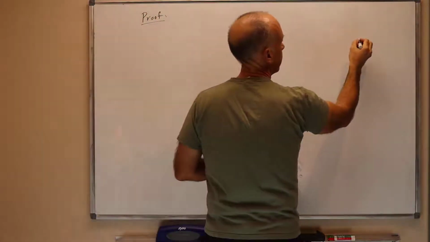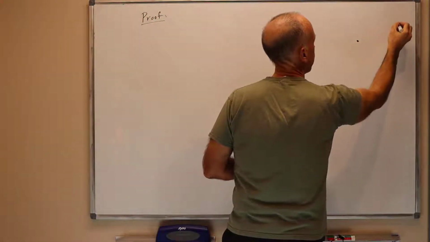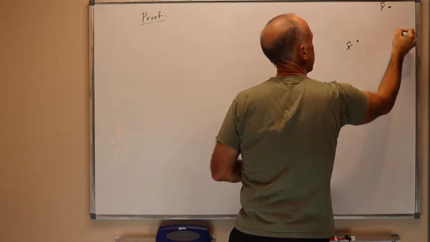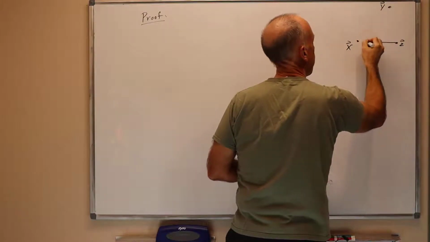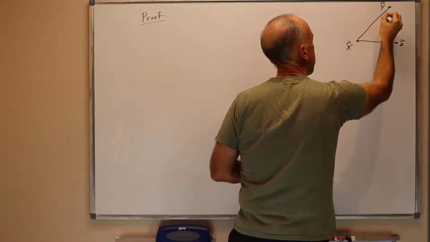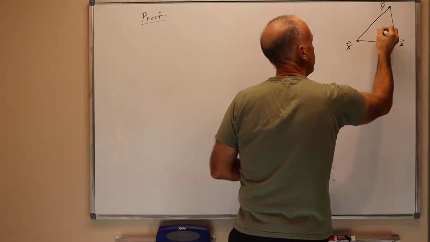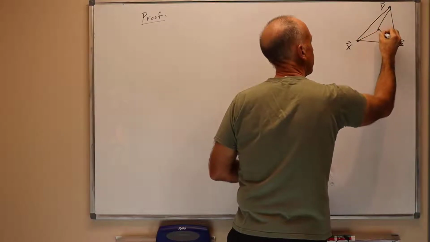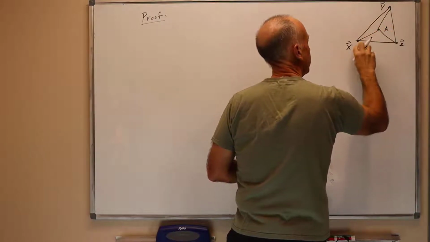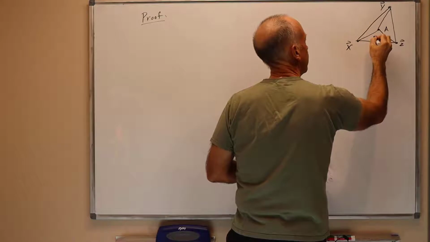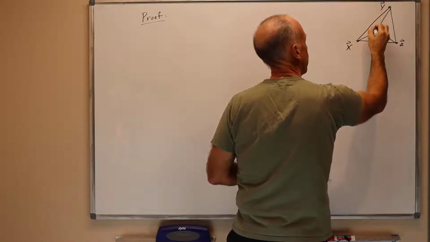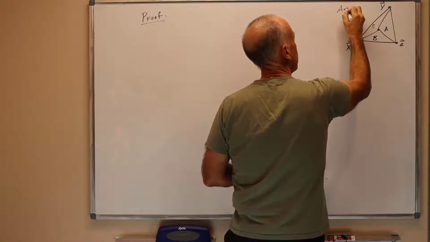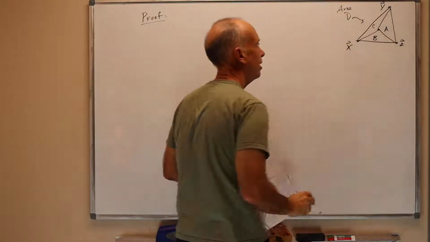First, I'll start by redrawing a small picture here again. We've got the triangle with vertices X, Y, and Z. Point U is in the middle, and we've got 3 triangles, A, which is opposite the vertex X, B, which is opposite the vertex Y, and C, which is opposite the vertex Z, and the whole triangle has area D.